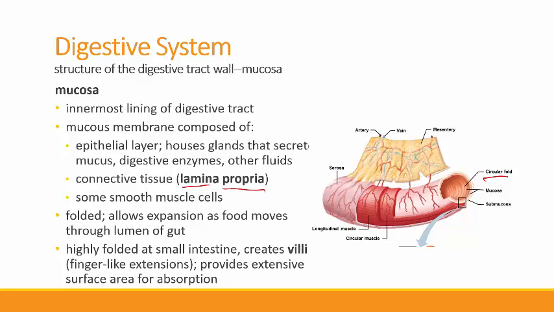It's kind of folded so that it can stretch a little bit as food passes through it without ripping and tearing. And then when we get to the small intestine, it's highly folded into finger-like extensions called villi, which provide lots and lots of surface area for the absorption of the nutrients that we've made.